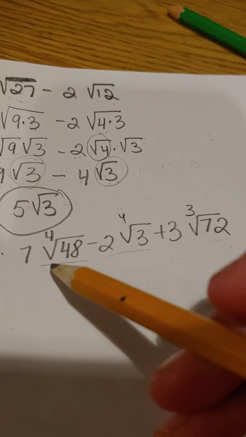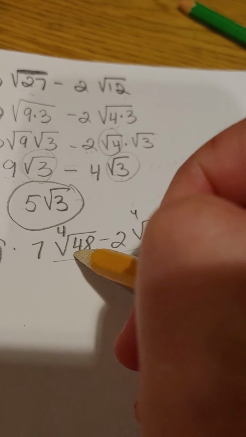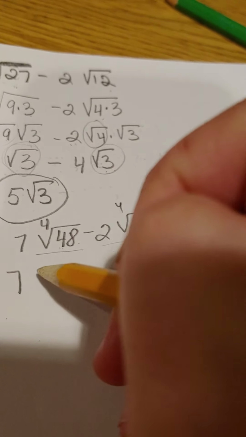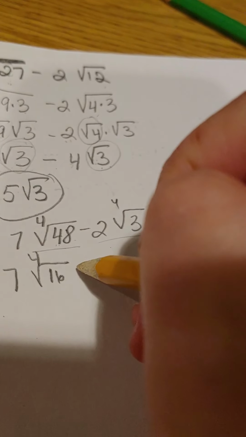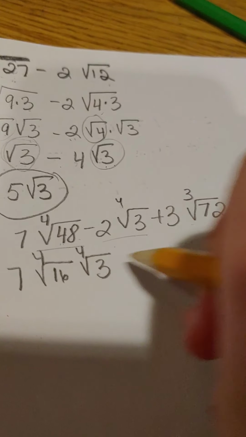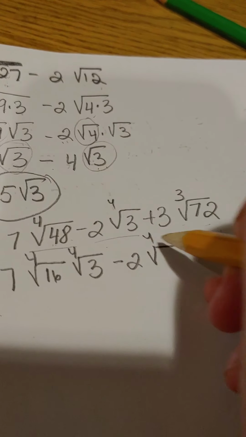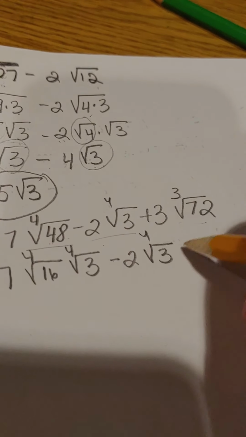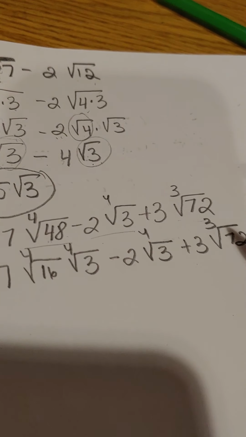So now we're going to factor the 48. It's 7 times the fourth degree root of 16 times the fourth degree root of 3 minus 2 fourth degree root of 3 plus 3 cube root of 72.